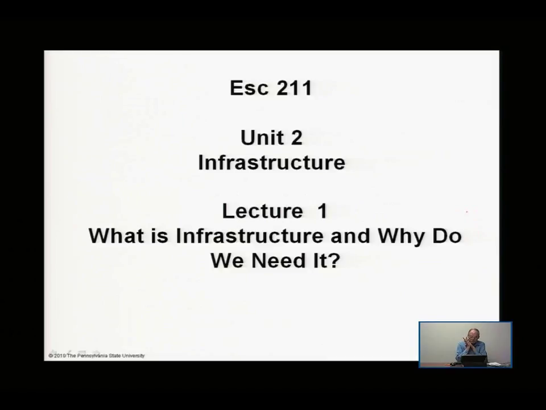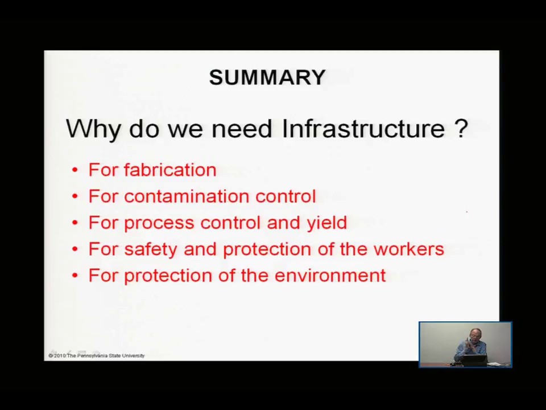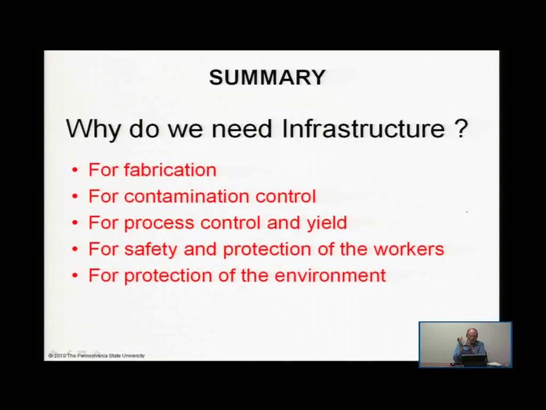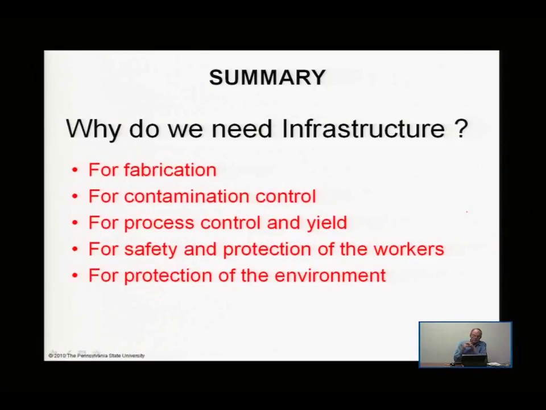Well, we have completed Lecture 1 of Unit 2, and we've talked about what infrastructure is and why we need it. And we've gone over these topics. First of all, we said the obvious: we need infrastructure because we have to have some place to do the actual fabrication, where we make things.